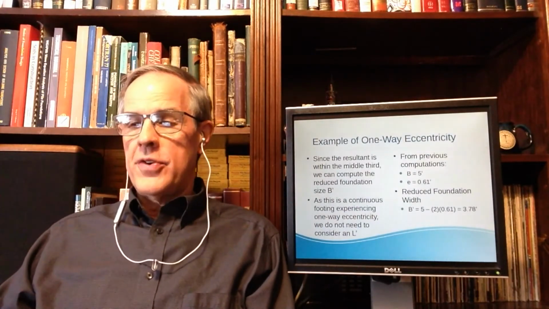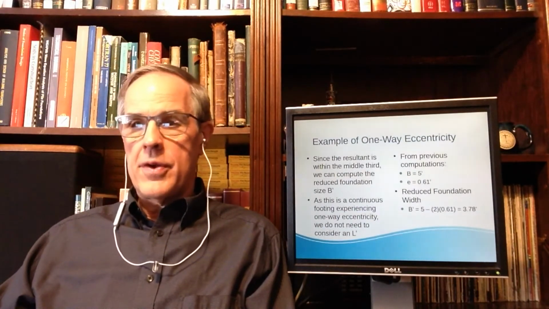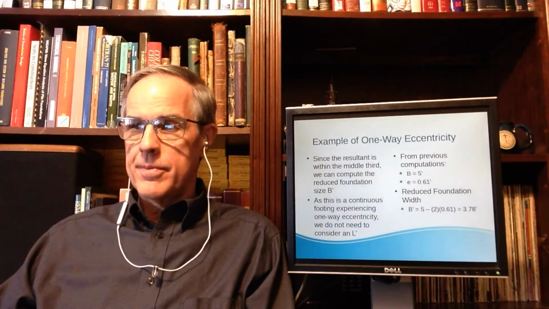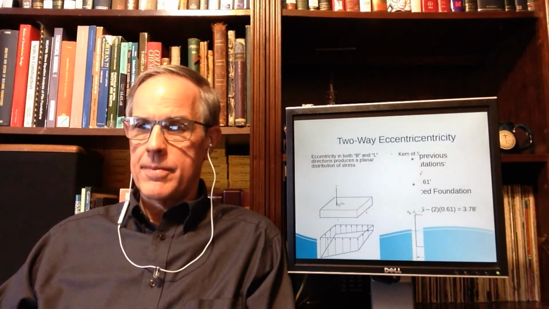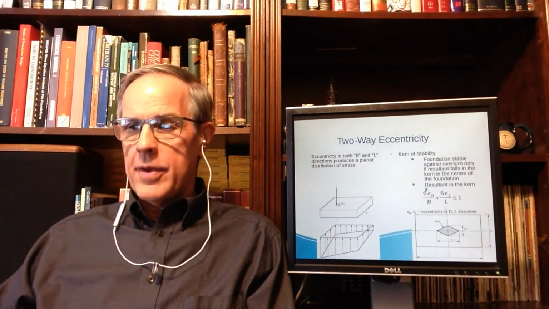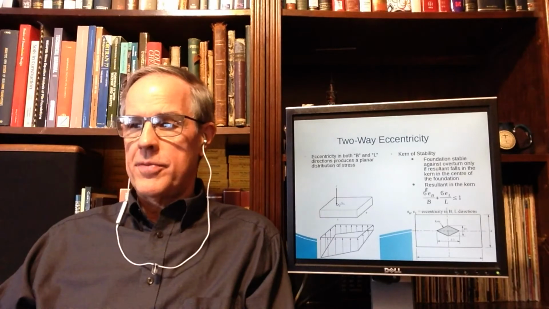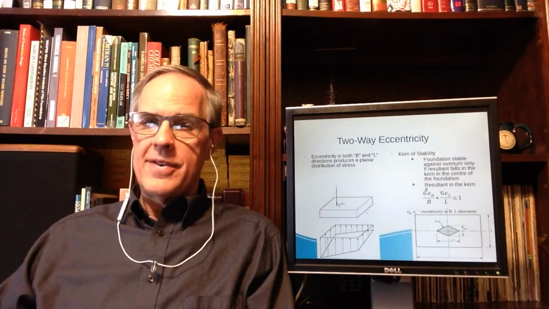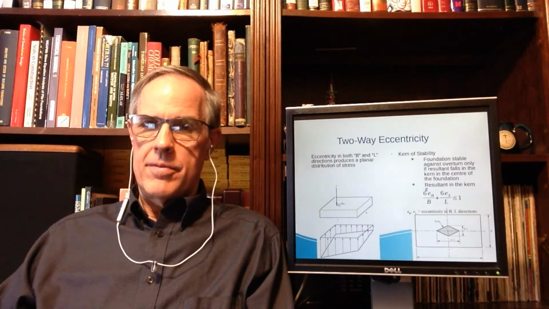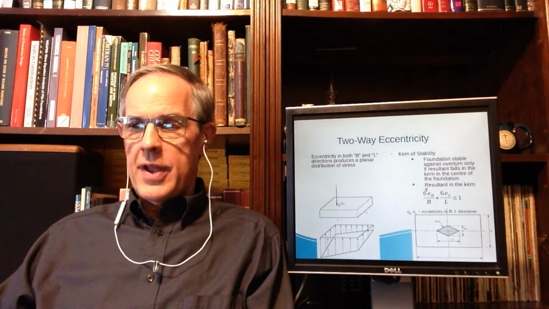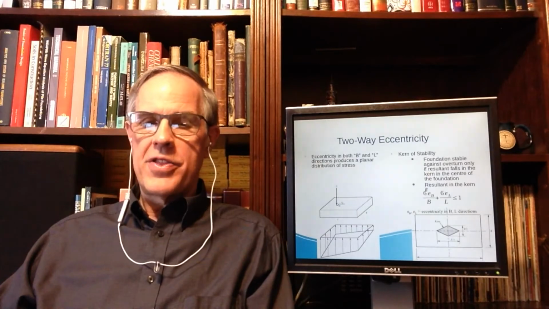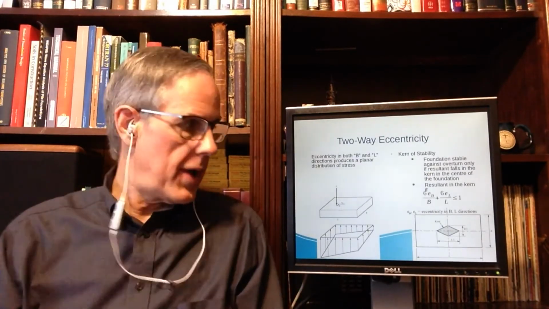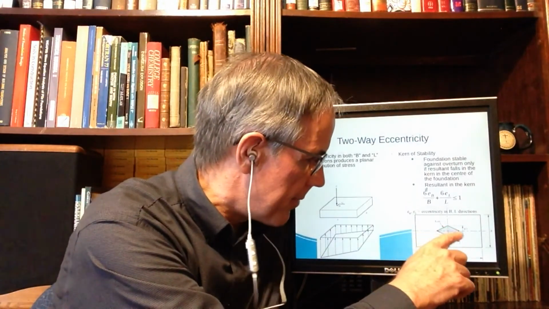With two-way eccentricity, we have a whole different problem, in that we have two different eccentricities. But the middle third concept still applies. It's just a little different. Instead of being just middle third, in other words, just comparing E and B and being done with it, you have this little diamond in the middle.